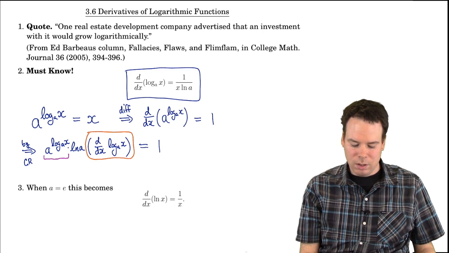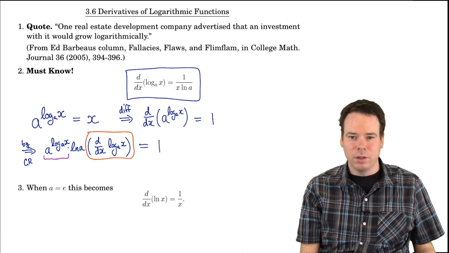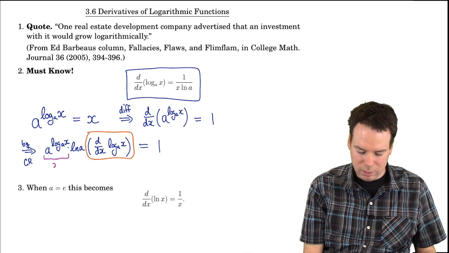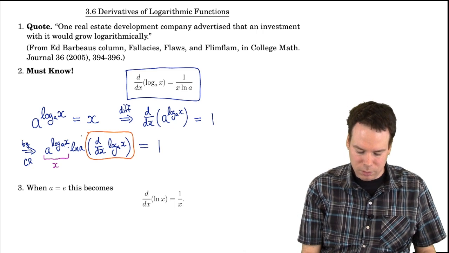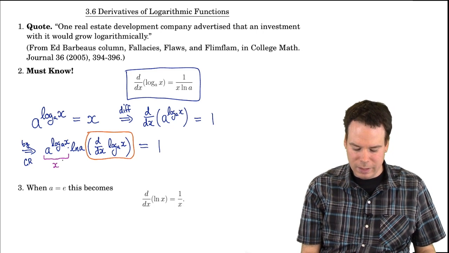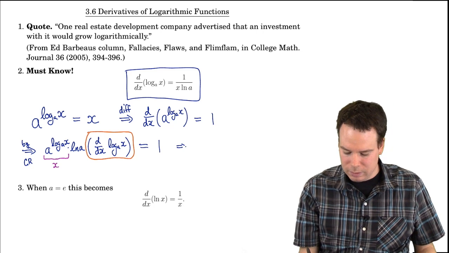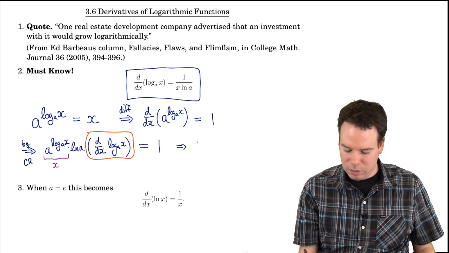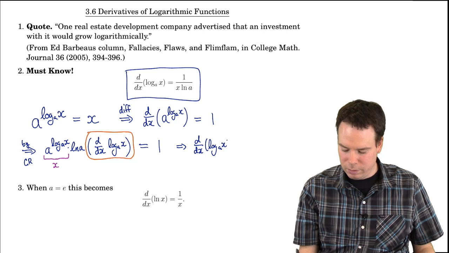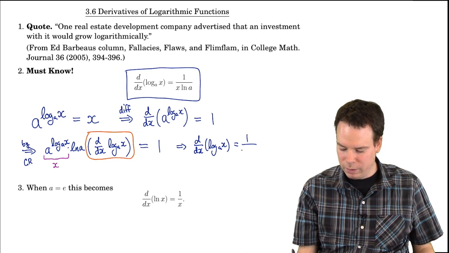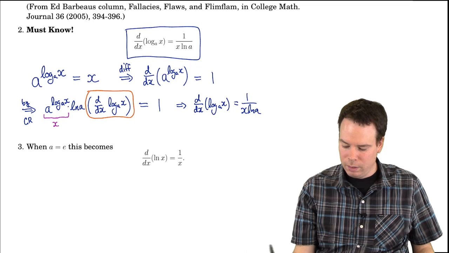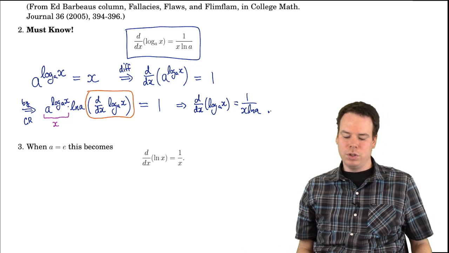Well, that's just the composition of the exponential and the logarithm at x, and so we know that is x. So what appears on the left is just x times ln of a. If I want to isolate this logarithm derivative, I can just divide both sides by x ln of a. And I get that the derivative of the logarithm is 1 over x ln of a. And that's exactly what we wanted to show.